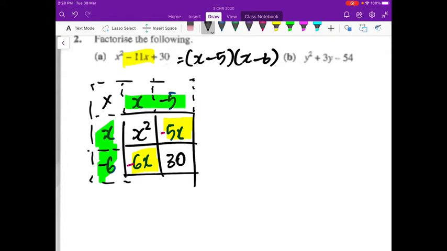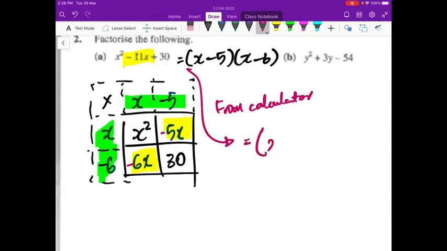Now the calculator has the information already. You press equal one more time, it says 6. What do we do with this 6? So the answer from calculator, the same question, you write equal to open bracket x. The calculator says 6.